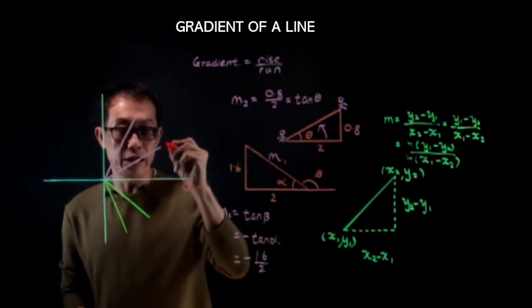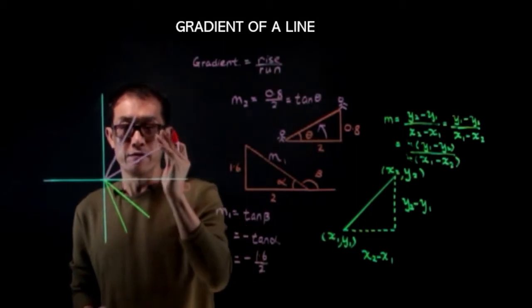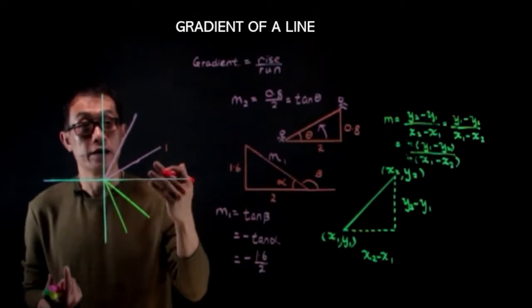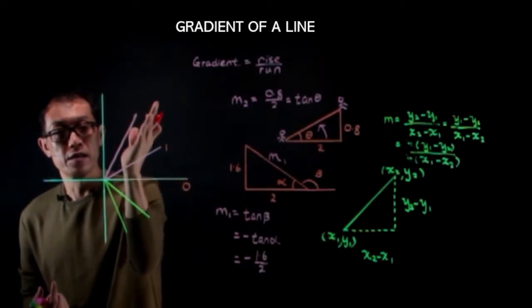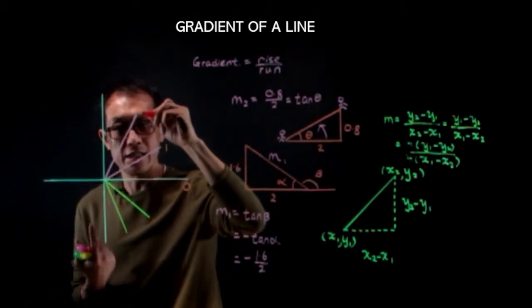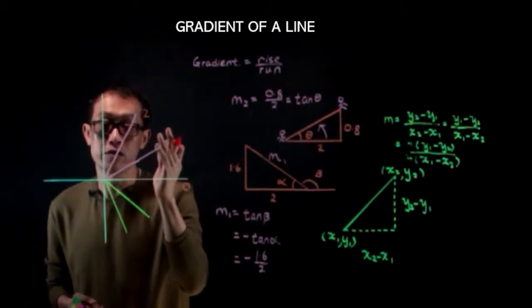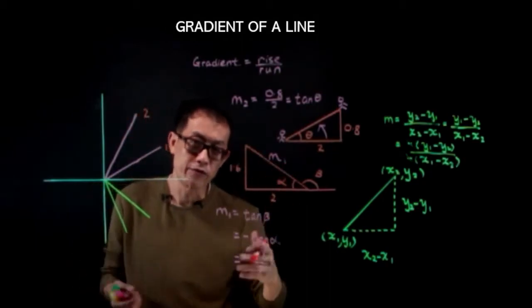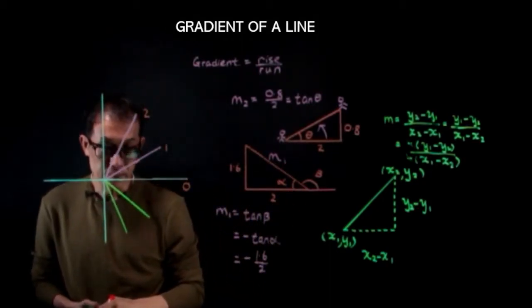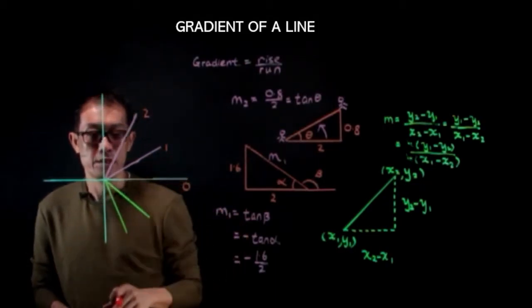Now, let's say the gradient of this is 1. This one is steeper, so it will be greater than 1. As it goes this way, the gradient is getting bigger and bigger. Let me call it gradient 2. Of course, not necessarily 2, it could be 3.5, but it must be greater. If this is 1, then this has to be greater than 1, and here will be less than 1.